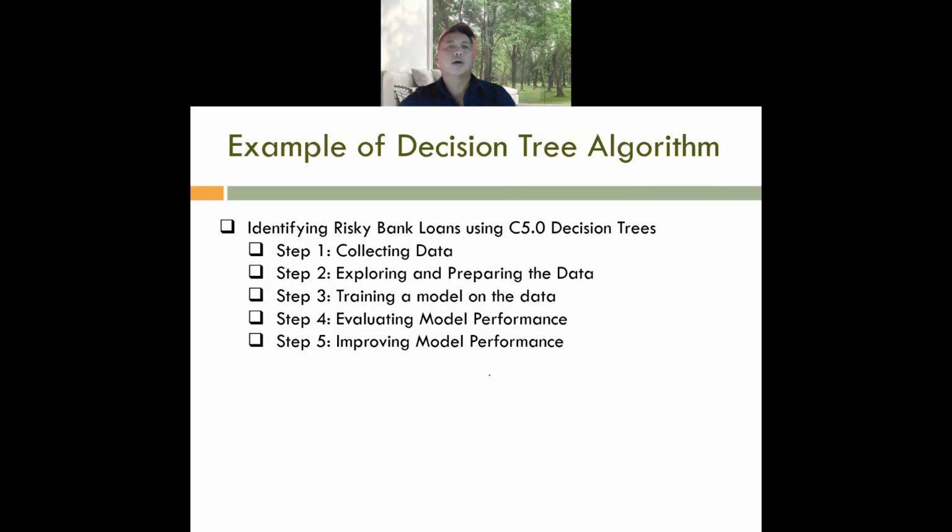Based on the history and the data that we have, it will try to generate a rule that makes it easier for us to make decisions. The first thing we need to do is collect the data and prepare it, then train the model, evaluate the model, and then improve it.